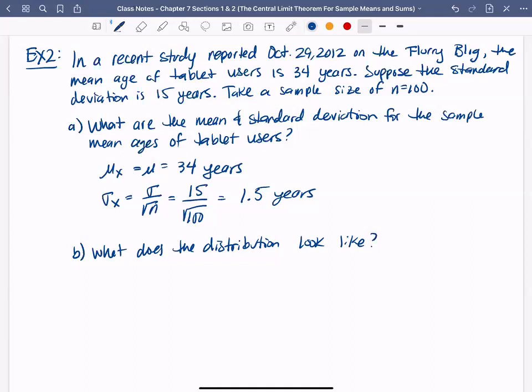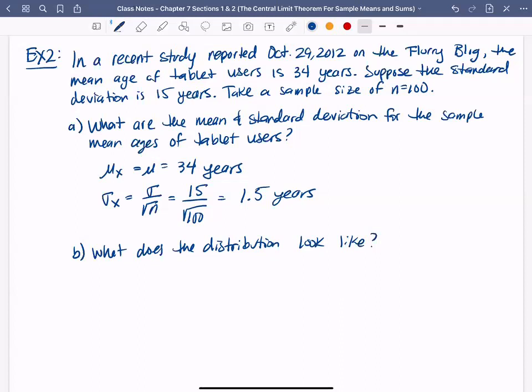Isn't this considered a large sample size? The large sample size had to be 30 or more, so at least 30. This is 100. So based off the central limit theorem, and it has a large sample size, the distribution will be approximately normal.